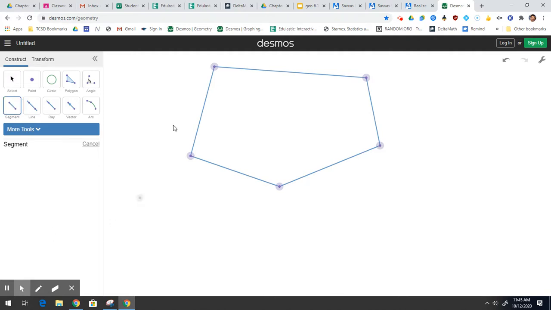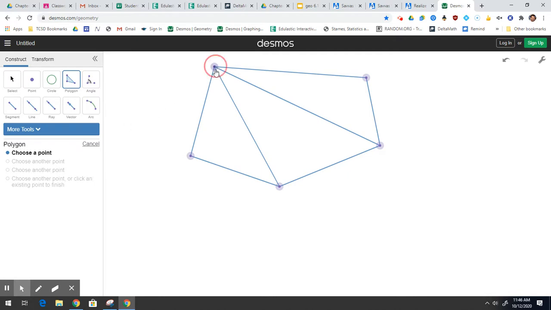Diagonals start at one vertex and do not touch a consecutive vertex. This would not be a diagonal because it's a side of the polygon, but this would be, and this would be. Now I want to create polygons, and I want you to tell me what this 5-sided figure is broken into.